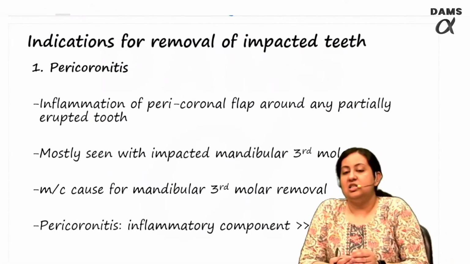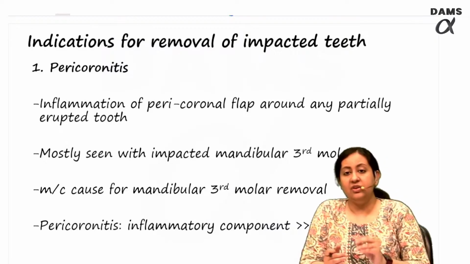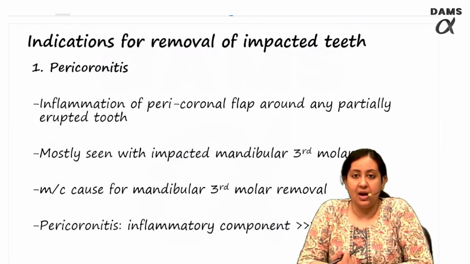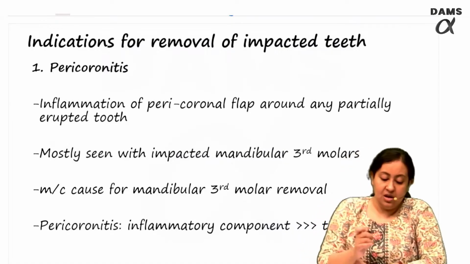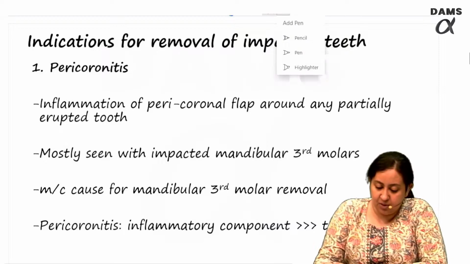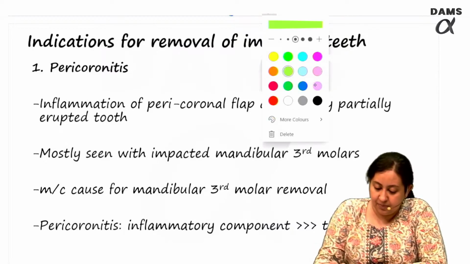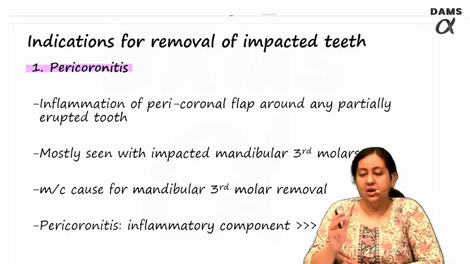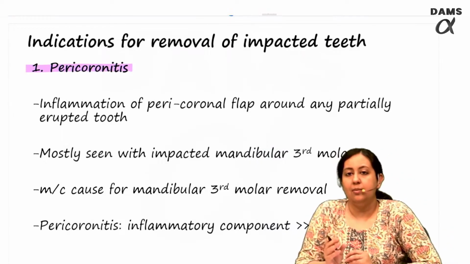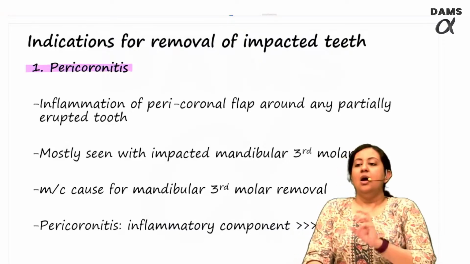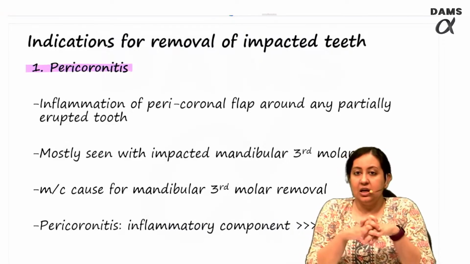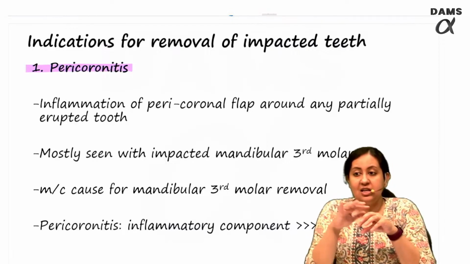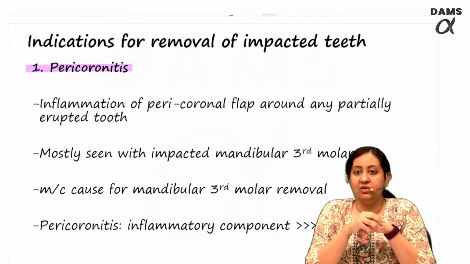Now, what are the indications for removal of impacted teeth? There are various scenarios where we need to undertake extraction of impacted teeth. The first and foremost very important one is pericoronitis. First, let us understand what is pericoronitis. You must all have seen clinically, when a tooth is partially erupted, part of it is covered by a soft tissue covering.